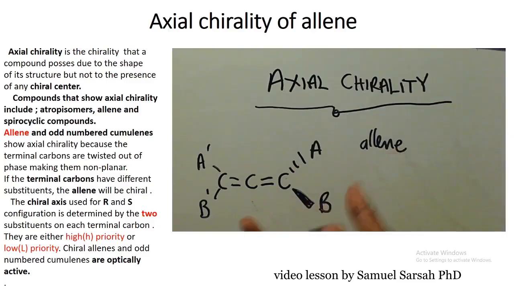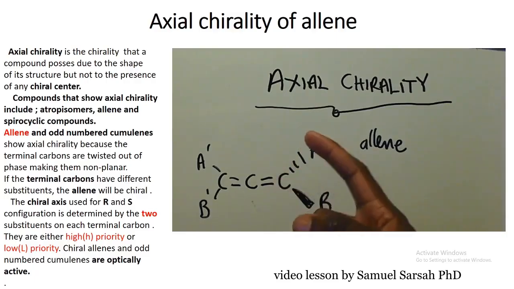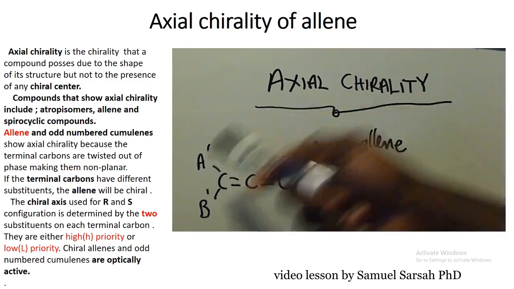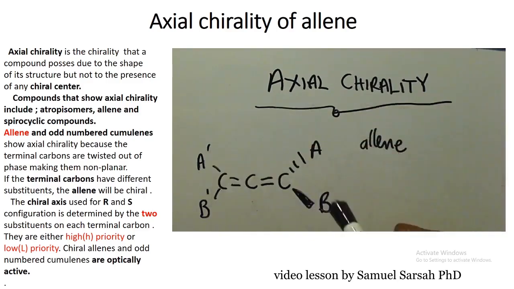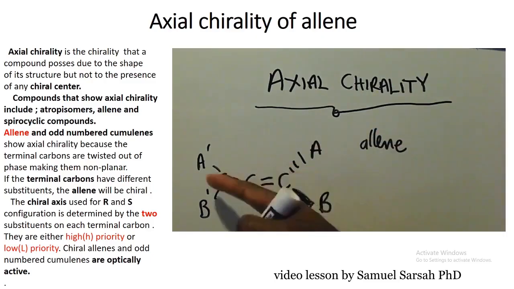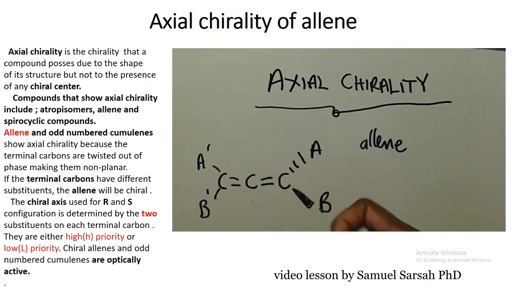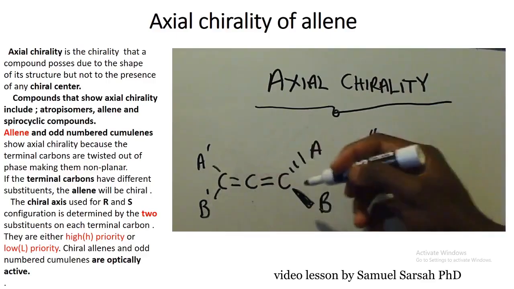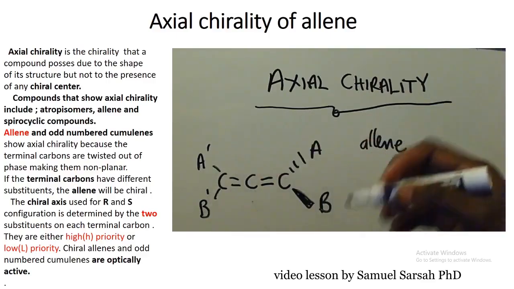Now, because it's chiral, we can assign R and S configuration to this. To do that, we need to look at substituents and their priorities. So to check on each carbon which substituent is of higher priority.